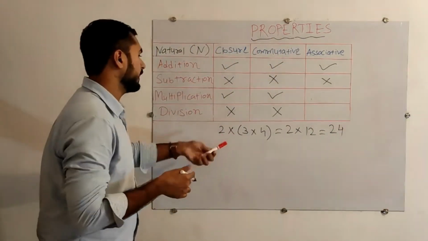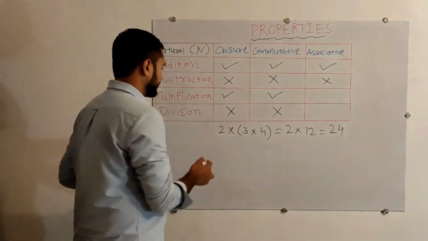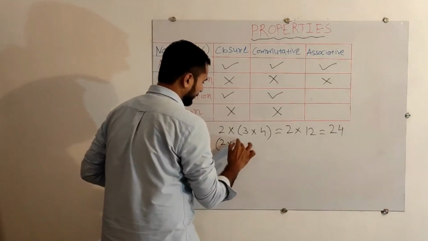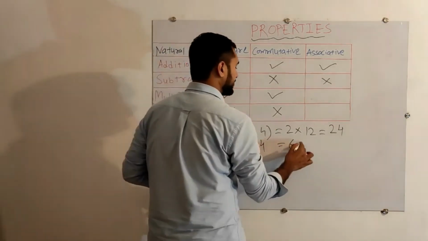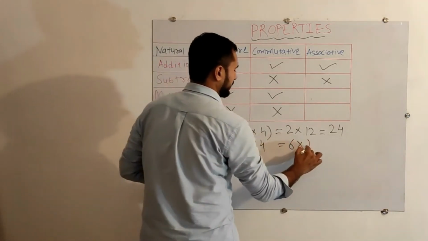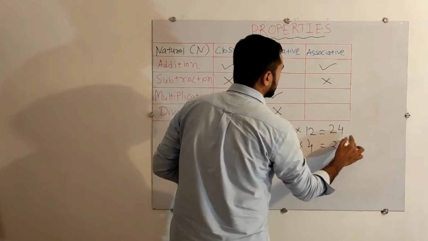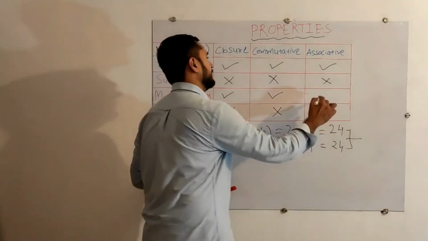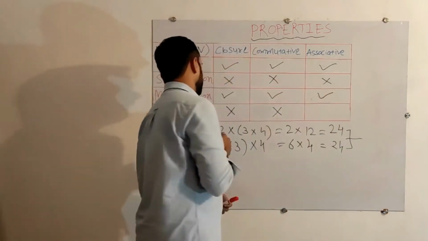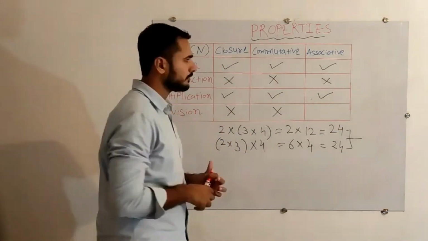Now in the next one I need to change the groups. 2 3s are 6, and 6 multiplied by 4 is 24. Both the results are the same. It means yes, multiplication is associative.